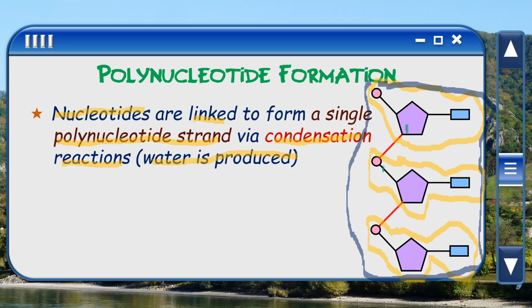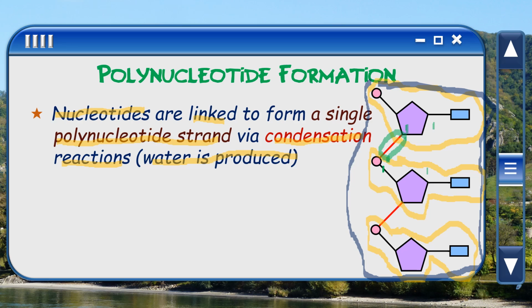This one that we are seeing in red is a bond which is formed between this nucleotide and this nucleotide. For that red bond to be formed, we are going to lose a water molecule. And when we lose a water molecule, then we shall form that bond. And that one is what we call the condensation reaction.